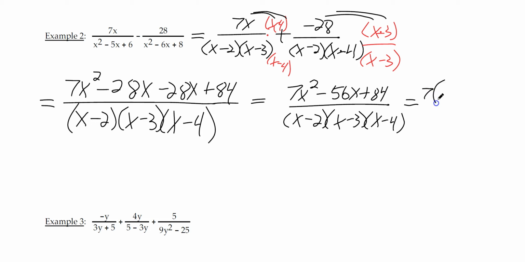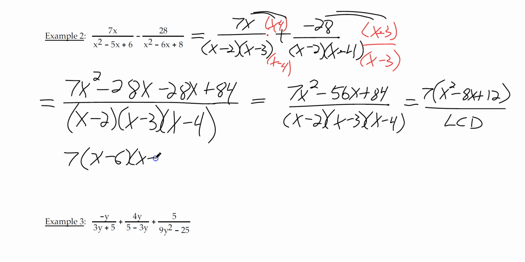First off, x squared minus 8x plus 12, and I'm just going to write LCD for a minute. So we can factor the numerator now. That will be x minus 6 and x minus 2. Now I can recall the LCD.